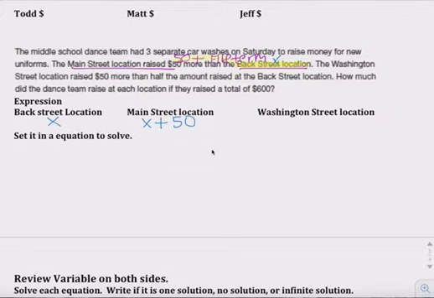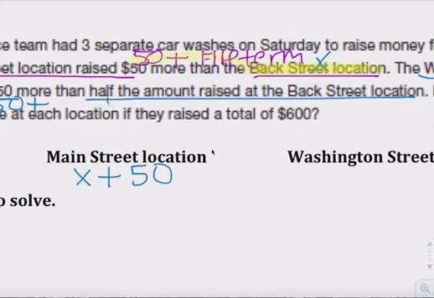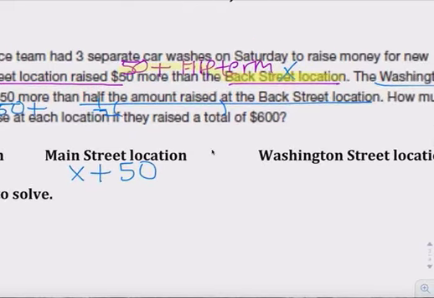Okay. I hope I don't have to write every word here. The Washington Street location raised 50 more than half the amount raised at the Back Street location. So this is 50 plus half. A half is like twice. It's always 1/2 times a fourth, a half, twice, 1/2 the amount raised by the Back Street location.